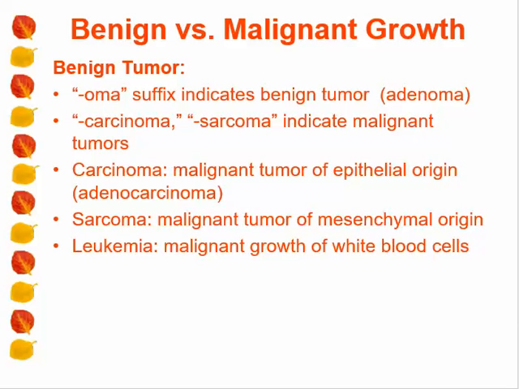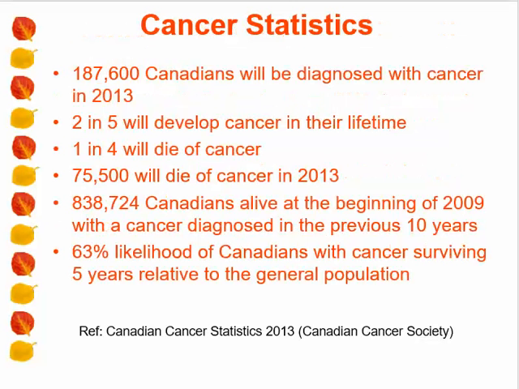It's like an osteosarcoma. Leukemia is a bone marrow thing. It's a malignant growth of white blood cells. So something like a lipoma, because it doesn't have the carcinoma or sarcoma part, is a benign tumor of fat, lipids.